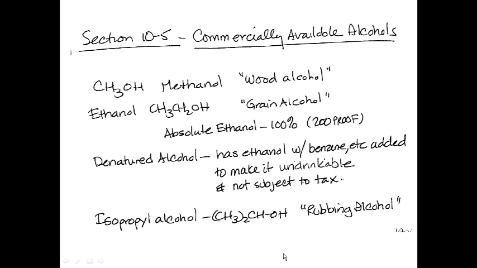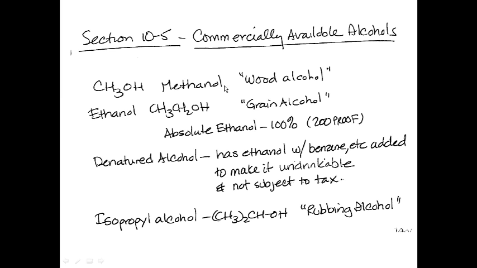Now let's just for a minute, because there's a section in your book about the commercially available alcohols, and it turns out that alcohols are important solvents, also fuels, and some of the important commercially available ones are the 1-carbon alcohol, which is called methanol.